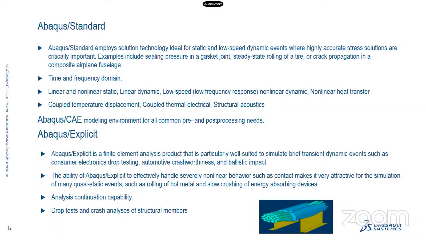Abaqus Standard examples include the sealing pressure in a gasket joint, steady-state rolling of a tire, and crack propagation in a composite airplane flap. Abaqus Standard analysis also has capabilities like frequency extraction, steady-state and random response analysis, linear, non-linear, and coupled temperature-displacement analysis. So these are the basic capabilities available in Abaqus Standard.